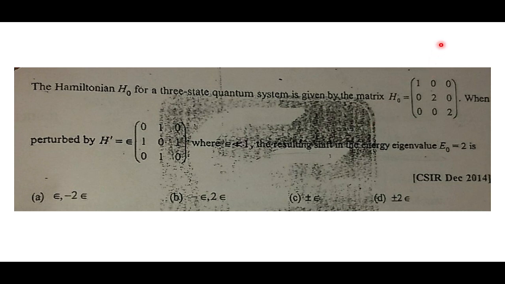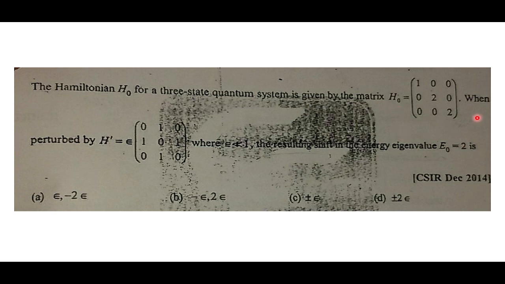So what will be the two states? Can you tell Amit, for the eigenvalue E naught equals 2? Let me cut this question into parts. First, find the eigenvalues and the corresponding eigenvectors of this unperturbed Hamiltonian H naught.